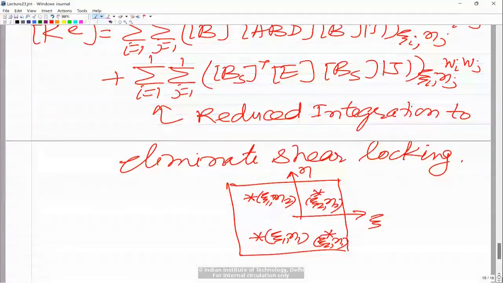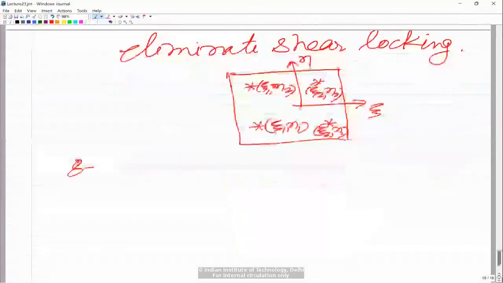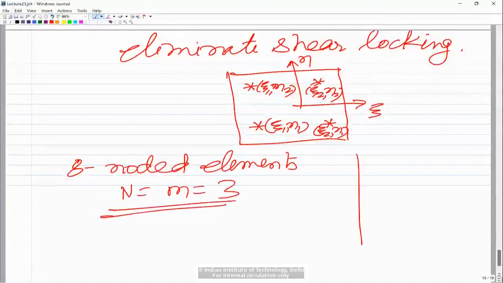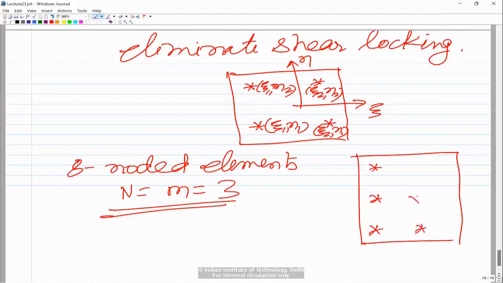So for the 8 noded isoparametric plate bending element, n and m would be equal to 3. Three means the total integration points are going to be 9. So it is not that I and j are going from 1 to 4. The integration points would be like this in the natural coordinate space for the 8 noded element.